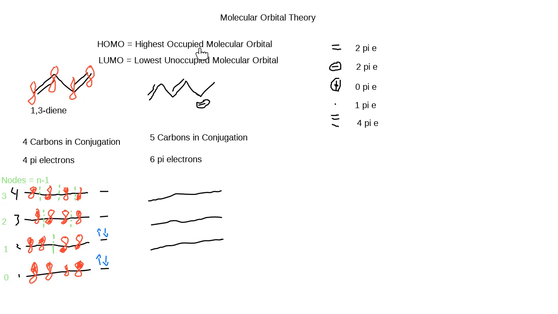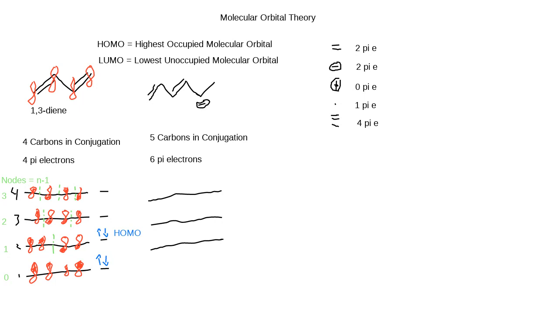Highest occupied molecular orbital. So the word occupied is first important. So energy level 1 and 2 are occupied by electrons. And between 1 and 2, 2 is obviously higher. So it's going to be considered the HOMO orbital.